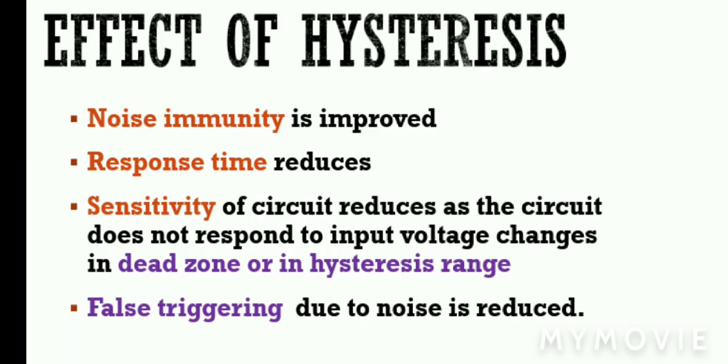Next is the effect of hysteresis, in which the first one is that noise immunity is improved, response time reduces, and the next is that because of the hysteresis, the output voltage does not change in the dead zone and hysteresis range. With respect to peak voltage, sensitivity of the circuit reduces. The last one is false triggering due to noise is reduced.